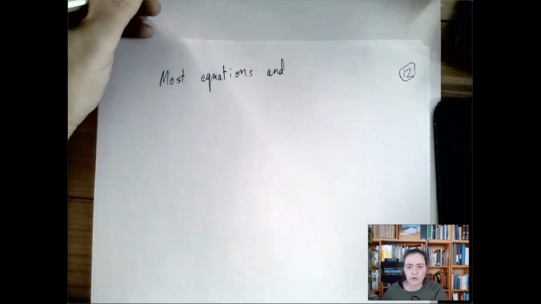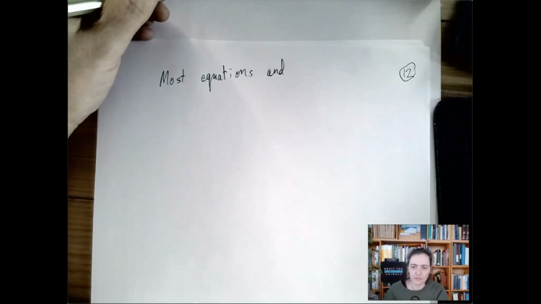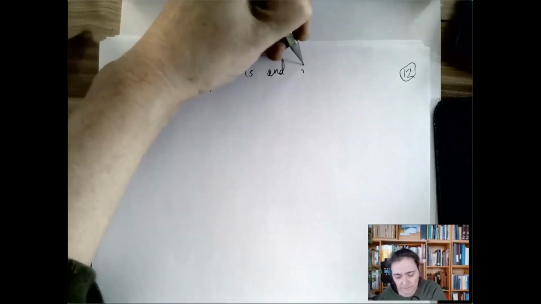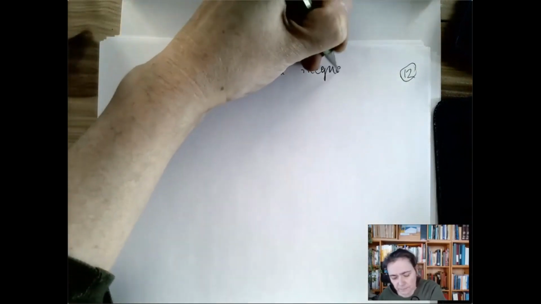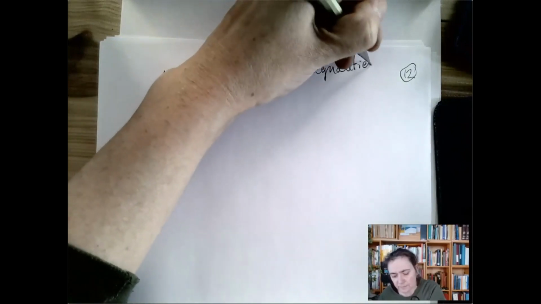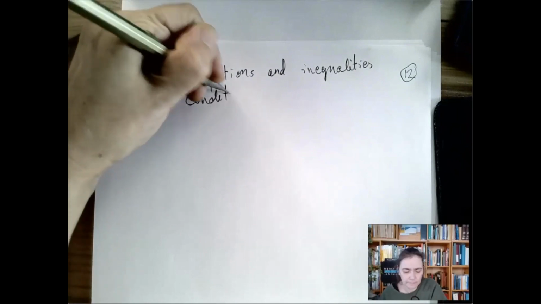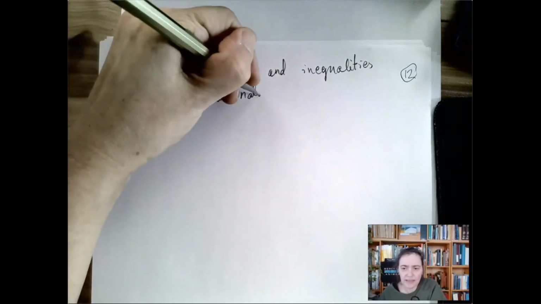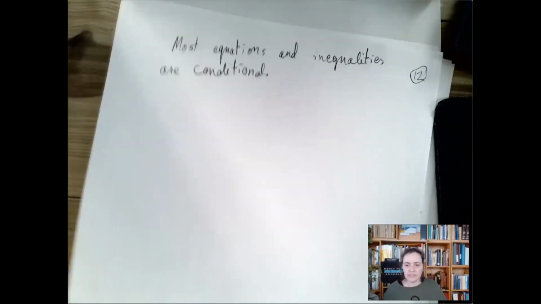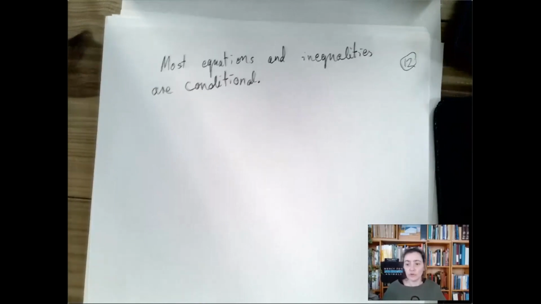It means there are values for which it's true, and there are values for which it's false. But not all. And sometimes walking into an equation, you don't know which is which.